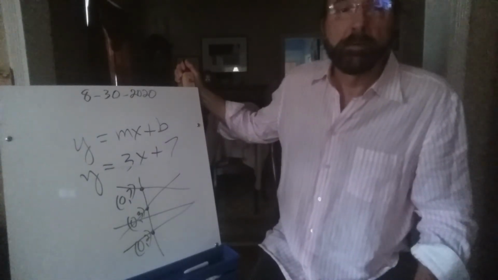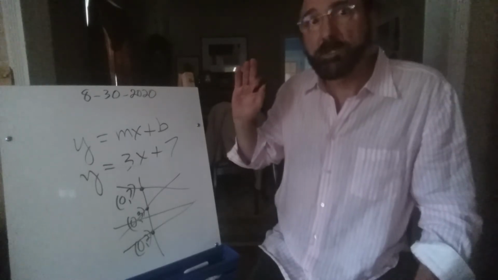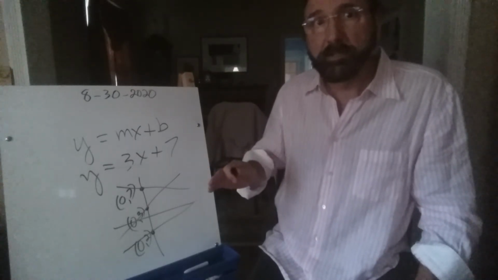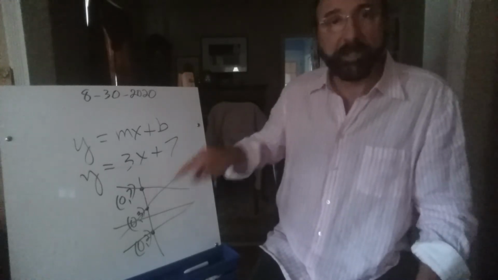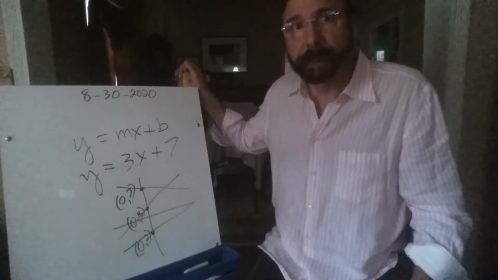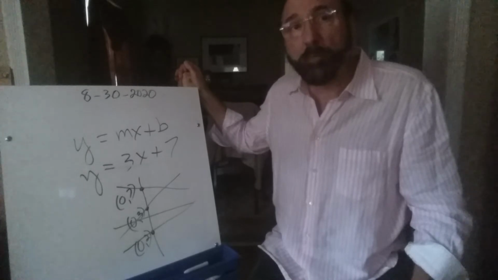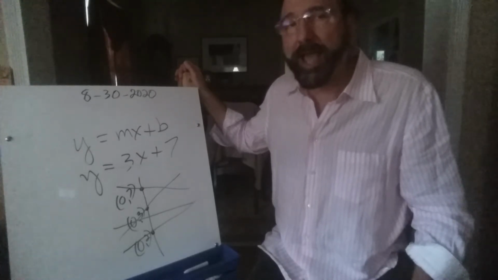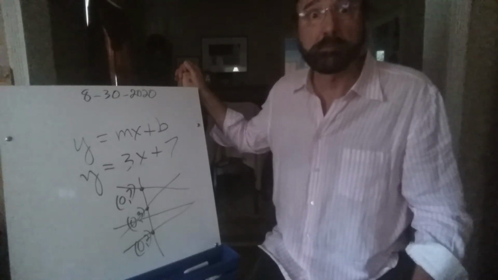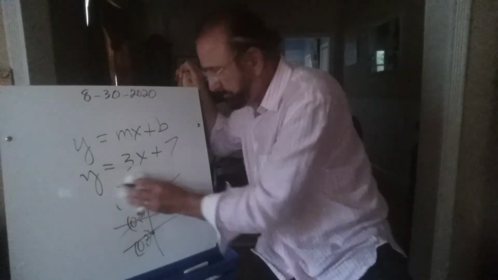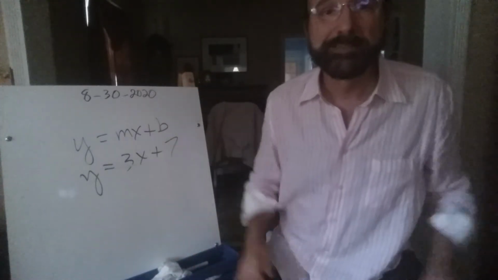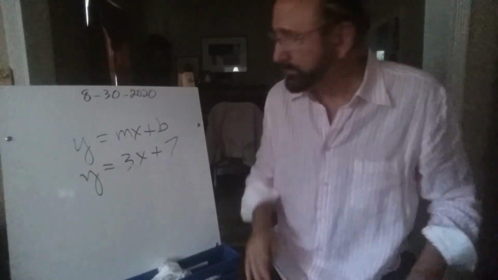7 is the coordinate for y when x is 0. The point (0, 7) would be right there. If I want to know the x-intercept, that's where it crosses the x-axis. Guess what? The y is going to be 0.